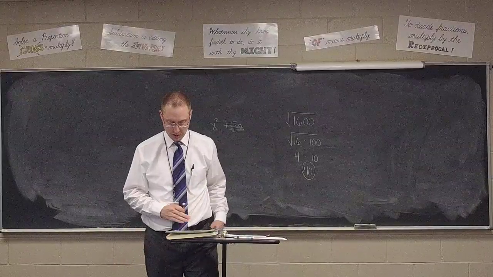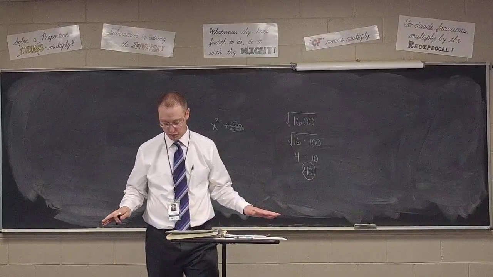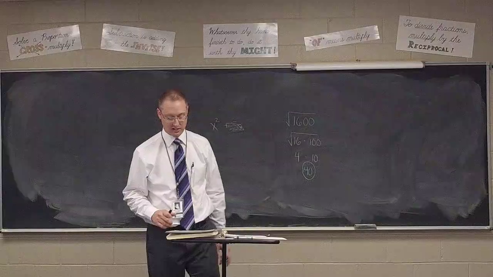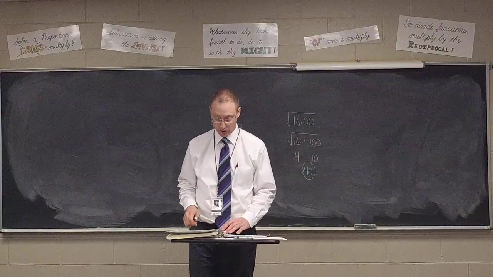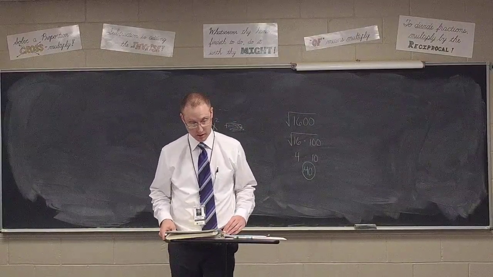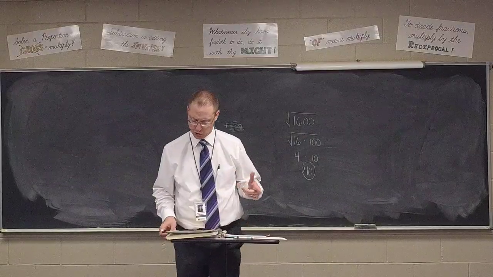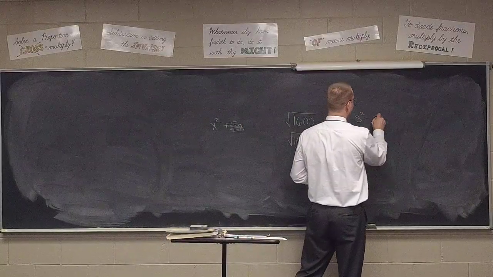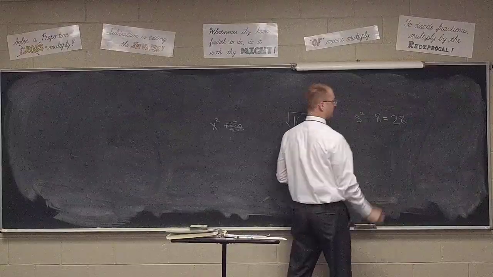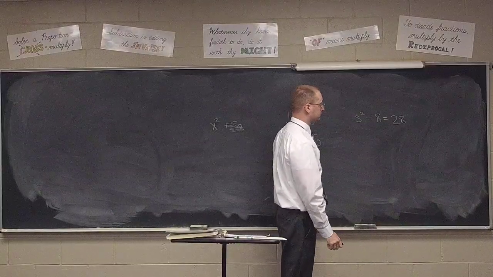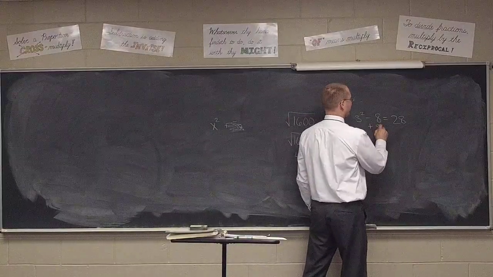Now, on number 3, Lana, you can't just take the square root. You've got to get the s squared by itself first, which means you had to... What do you have to do first on number 3 from the homework? Add. Good.